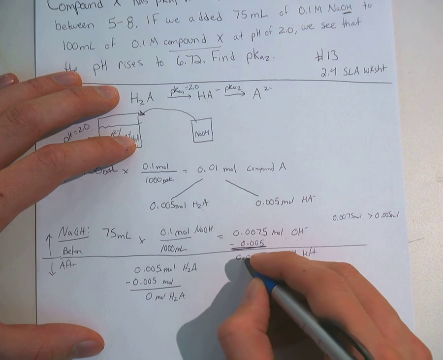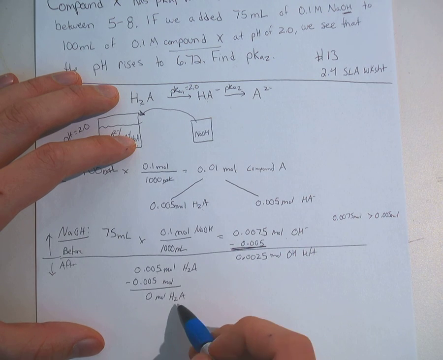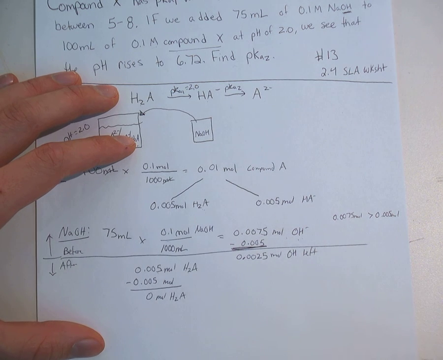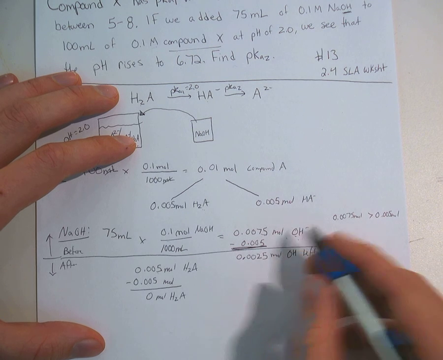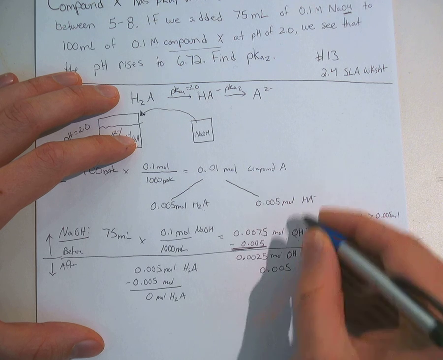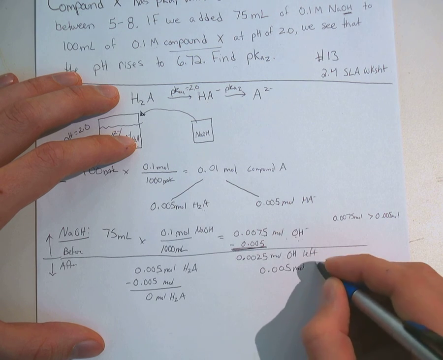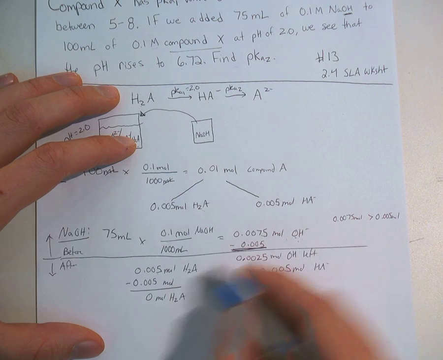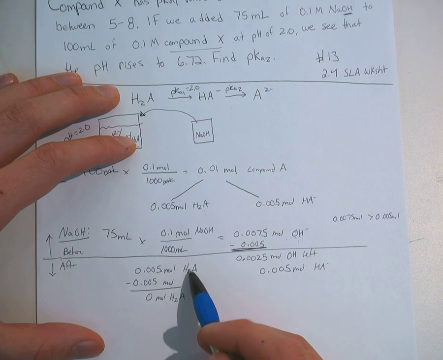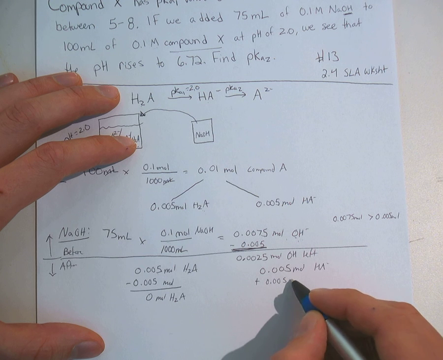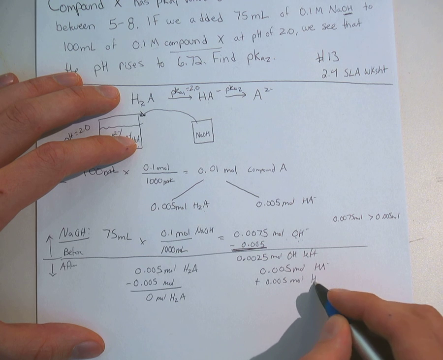Okay? So I haven't quite fully accounted for this reaction I did between the H2A and the OH. When the H2A and the OH bind together, they're going to form something. So beforehand, I had 0.005 moles of my HA, and now I'm forming more of my HA because as the base reacts with my acid, I'm going to have to add 0.005 moles of HA minus.